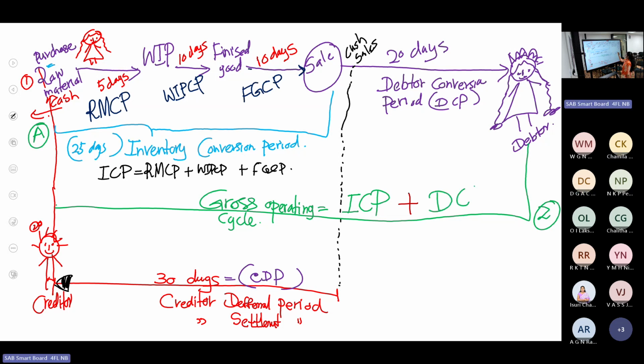Debtor conversion period. If you want to rewrite this one, you can expand the inventory conversion into three: RMCP, raw material conversion period, plus work in progress conversion period, plus finished good conversion period, plus DCP. Expanded version. Hope it is clear.